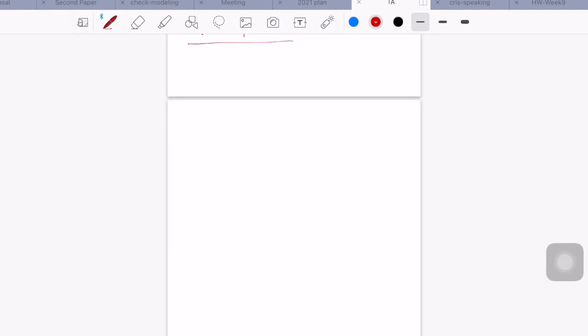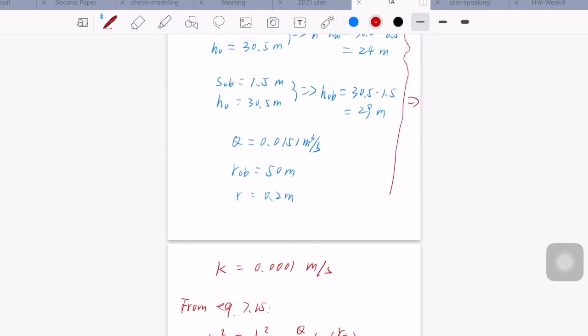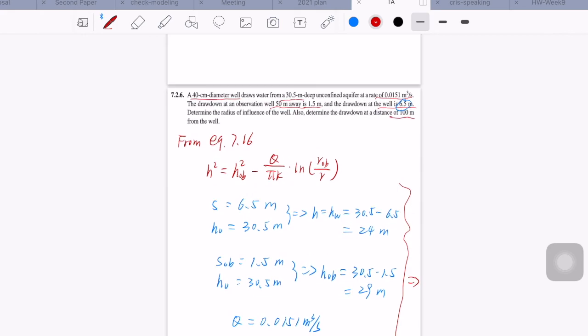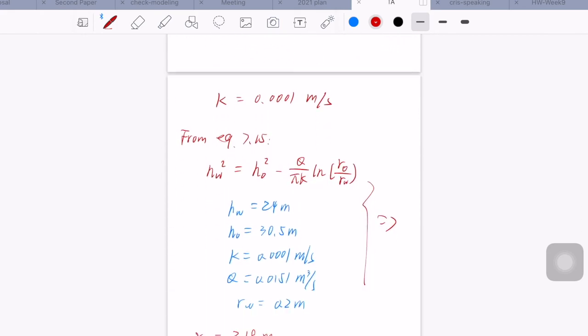And then we again use equation 7.16 to determine the drawdown at a distance of 100 meters from the well.